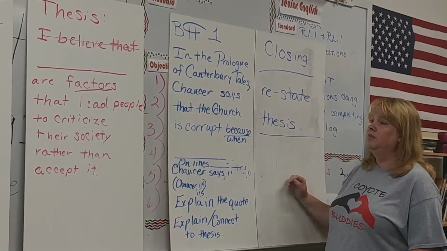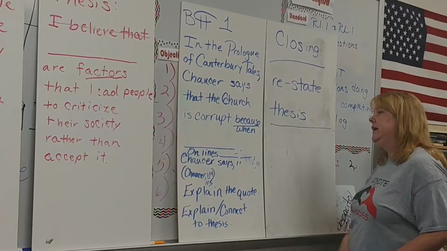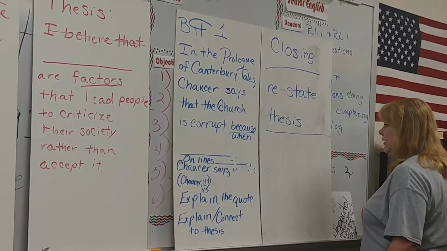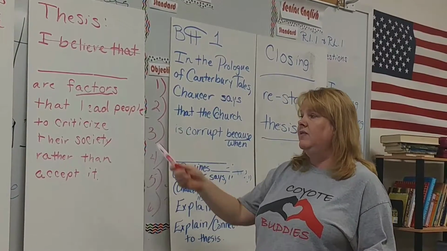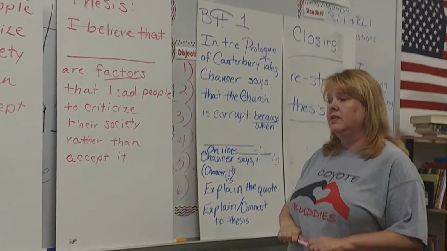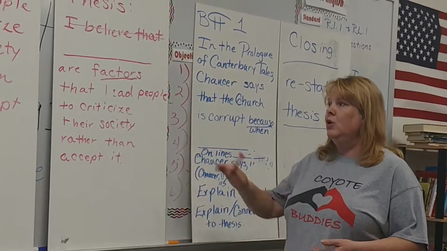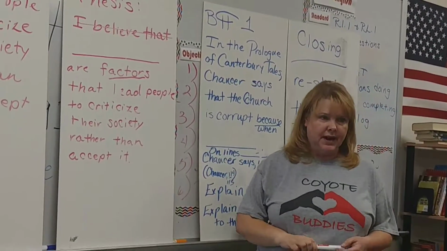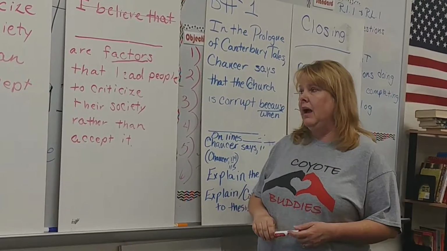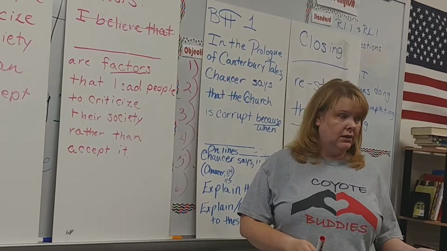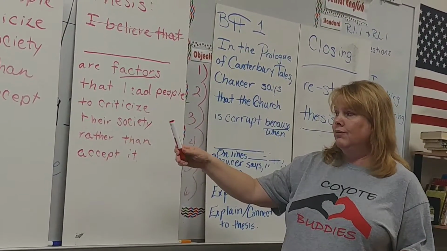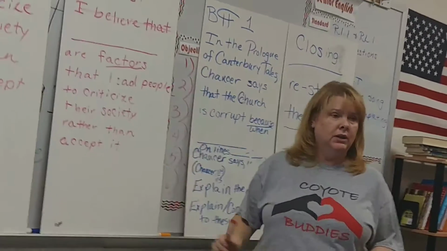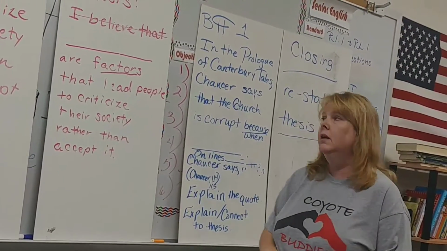Just like we had said before, we're always going to restate our thesis. So if we talk about politics are factors that lead people to criticize their society rather than accept it, we need to say it in a different way this time. Maybe we'll talk about something specific, or maybe we'll turn it into changing the words a little bit, okay?